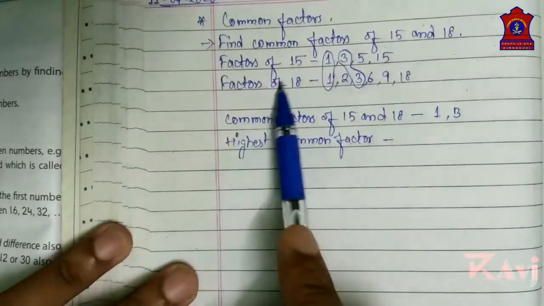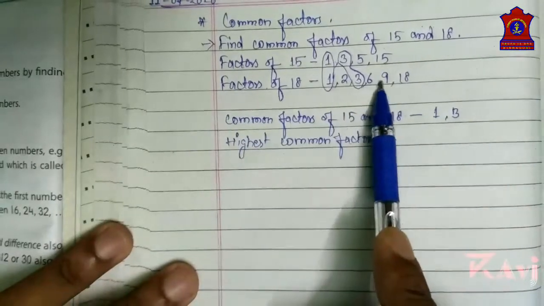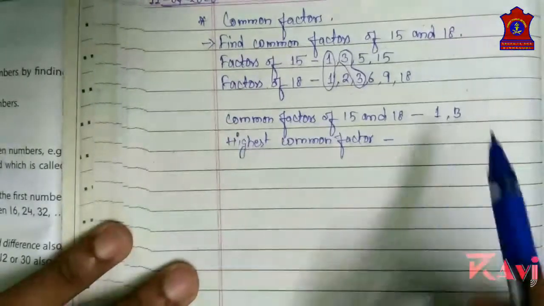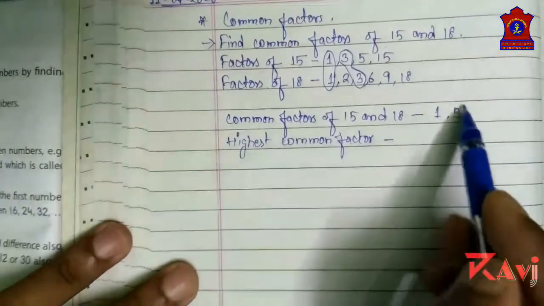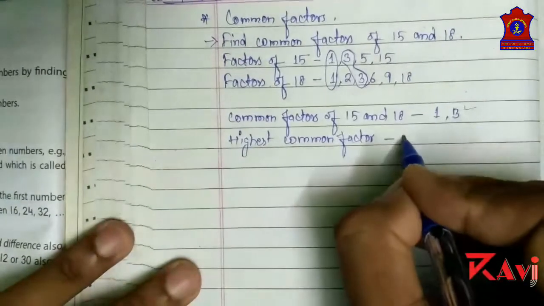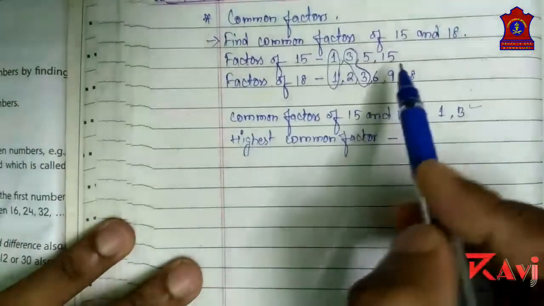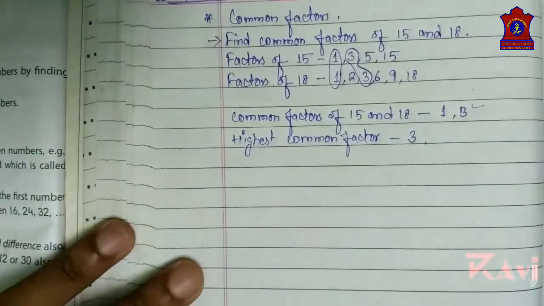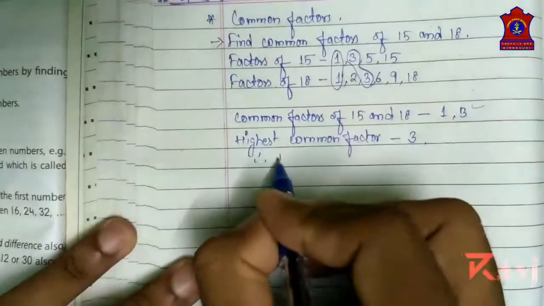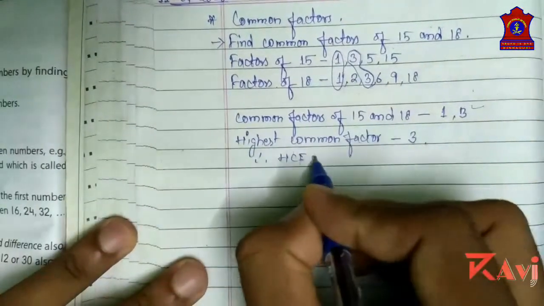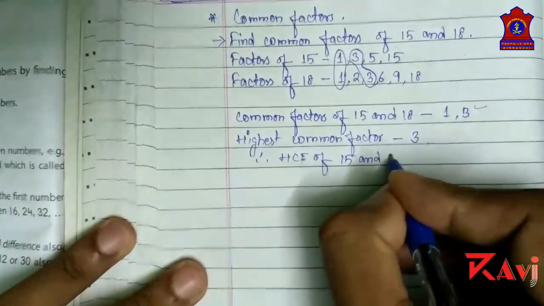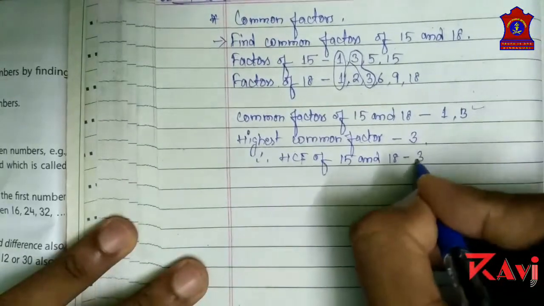Similarly, the factors of 18 are 1, 2, 3, 6, 9 and 18. Now what are the common factors of 15 and 18? 1 and 3. Now what is the highest among these two common factors? Which is highest? 3. So 3 is the highest common factor of 15 and 18. Like this, you have to find out. Therefore, you can write, HCF of 15 and 18 is 3.